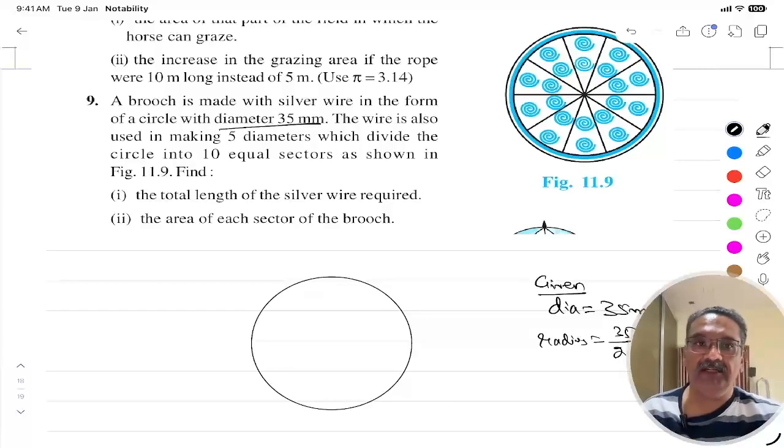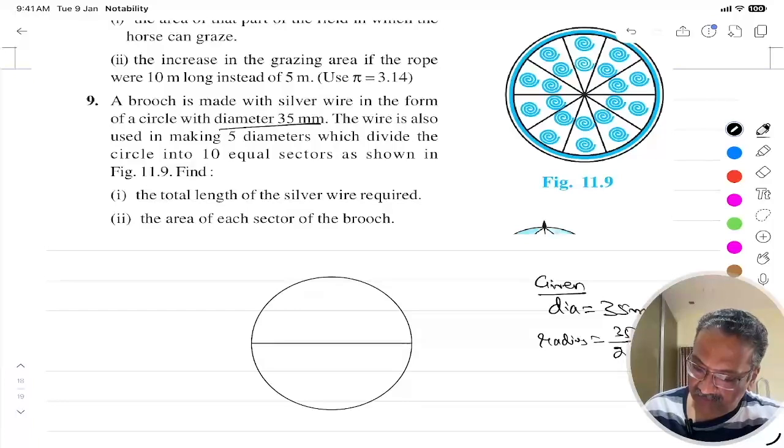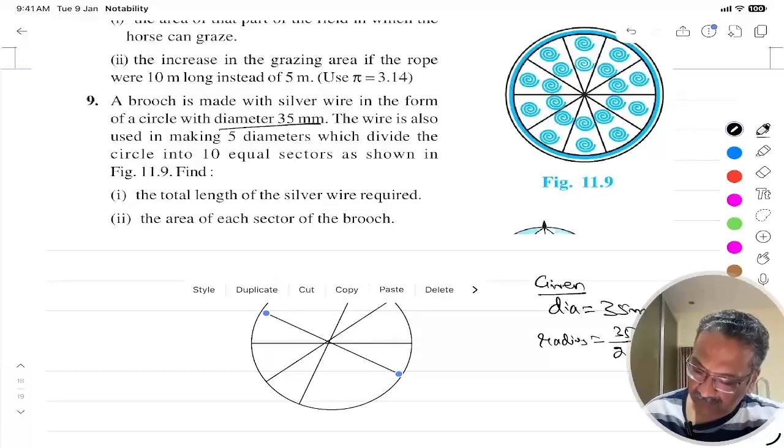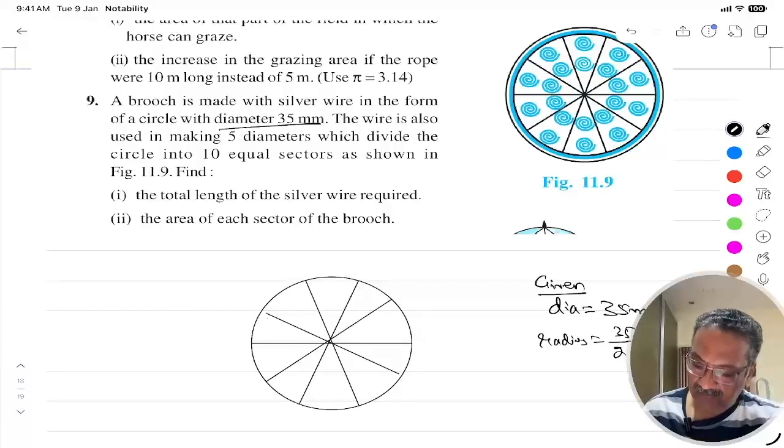Now also what are they saying further? They have taken wire again and divided it into 10 parts. That is, by taking 5 diameters it has become 10 parts. Like this is one diameter, this is another, 1, 2, 3, 4 and 5. Okay. So they have taken wire and made 5 diameters and made it into 10 portions.